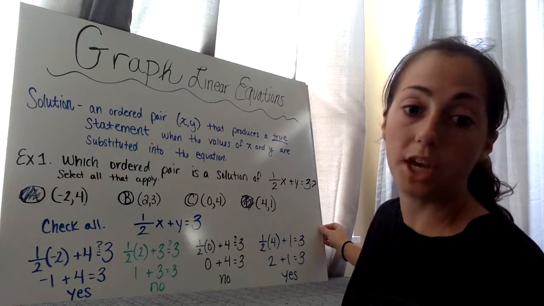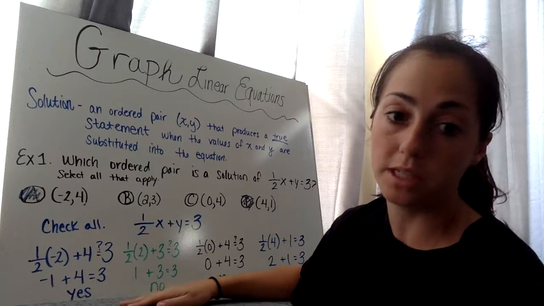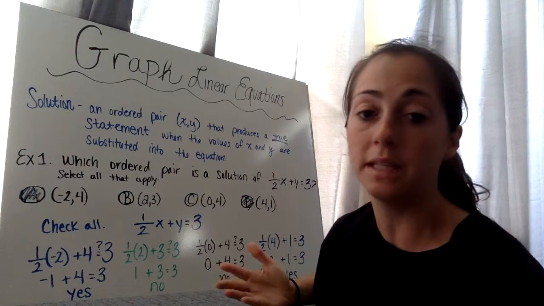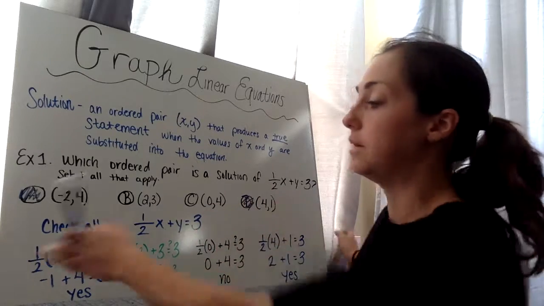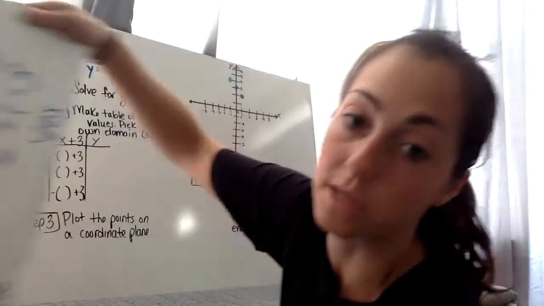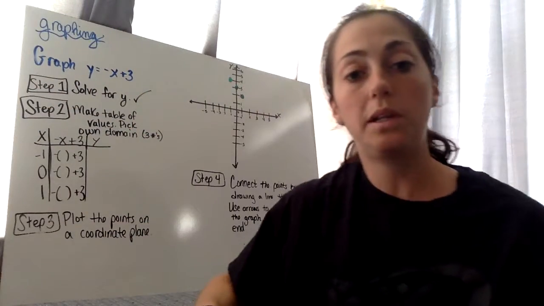So you're going to be checking for solutions. Your answer here would be, depending on the way the question is answered, which ordered pairs we just picked these two or selecting them, but maybe it'll be in a different format. Same idea of plugging it in, and you have to get a true statement for it to be a solution or not a solution.